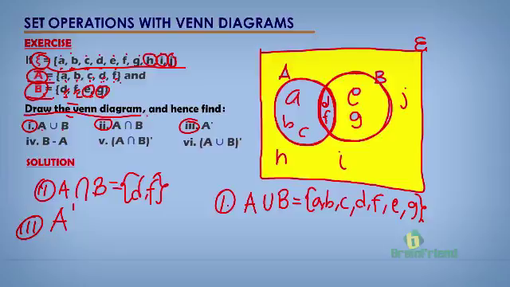The shaded region indicates all of our region that is within the universal set but is not in our given set A. So once again, if we take a look at the elements within our colored region, we would have those elements as E, G, J, H, and I. So again, the complement of our given set A is a set that has elements E, G, J, H, and I.